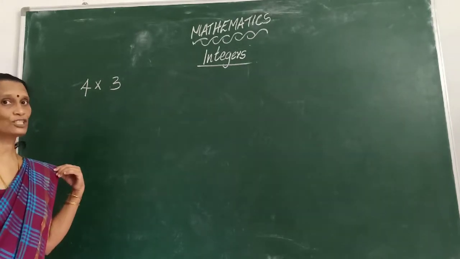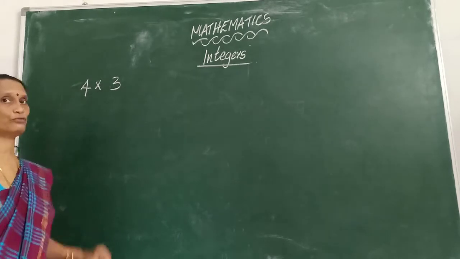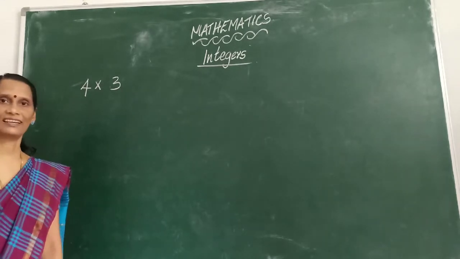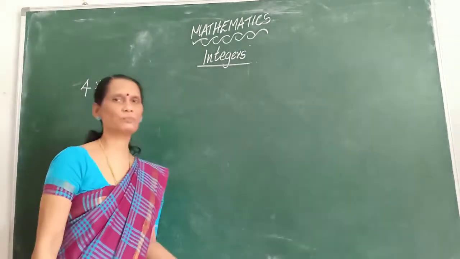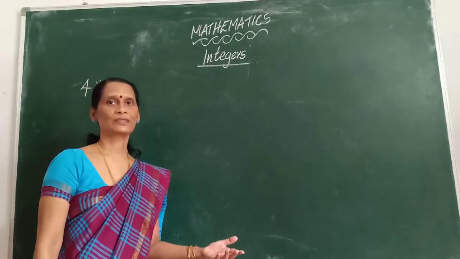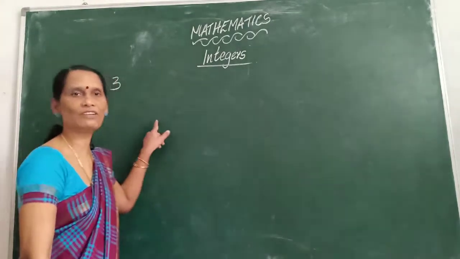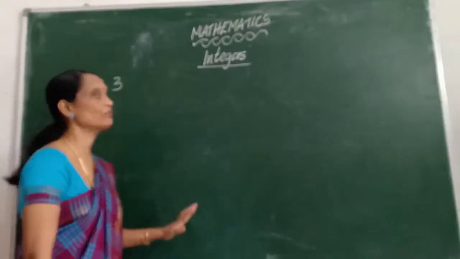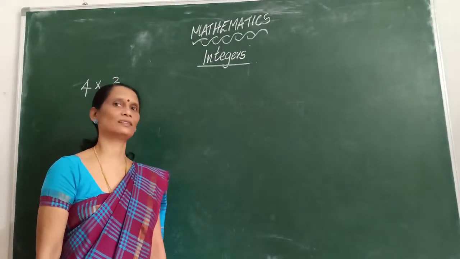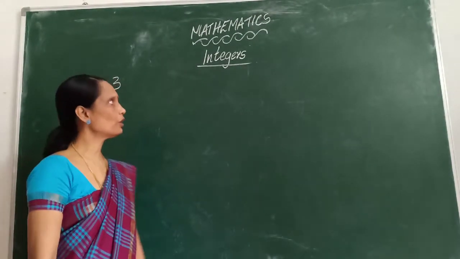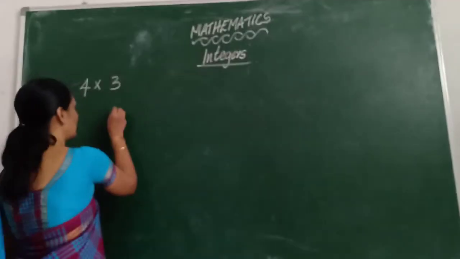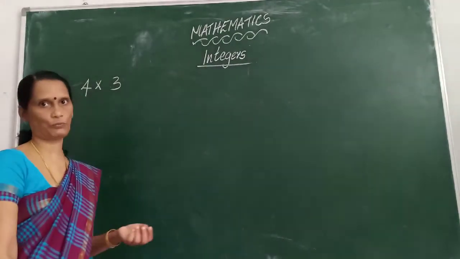You might have learned it for whole numbers. Whole numbers multiplication is the same for positive integers, because positive integers are whole numbers only. So, even if you have studied, let us see how to multiply it.